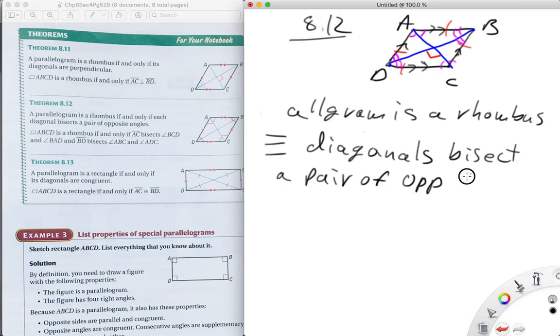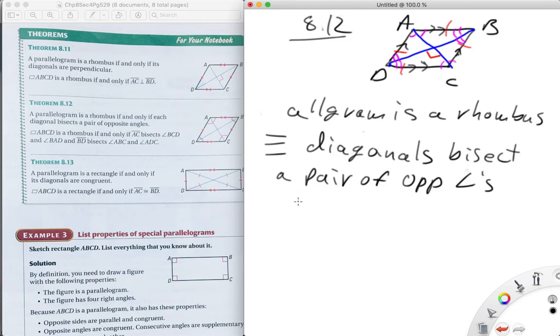So what that means is, let's look at diagonal DB. This diagonal, while it's perpendicular to the other one, also cuts the opposite angles in half. So angle D is cut in half. We have angle ADB and angle CDB. We have angle ABD and angle CBD. They are cut in half, they're bisected. And then angles A and C are also cut in half.